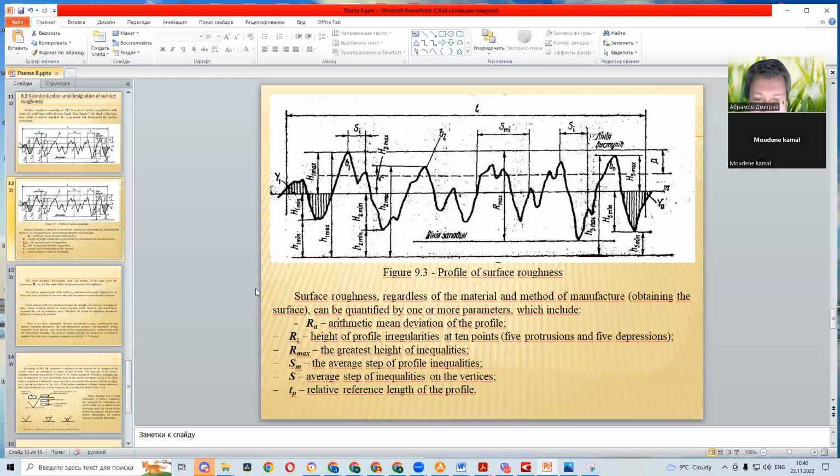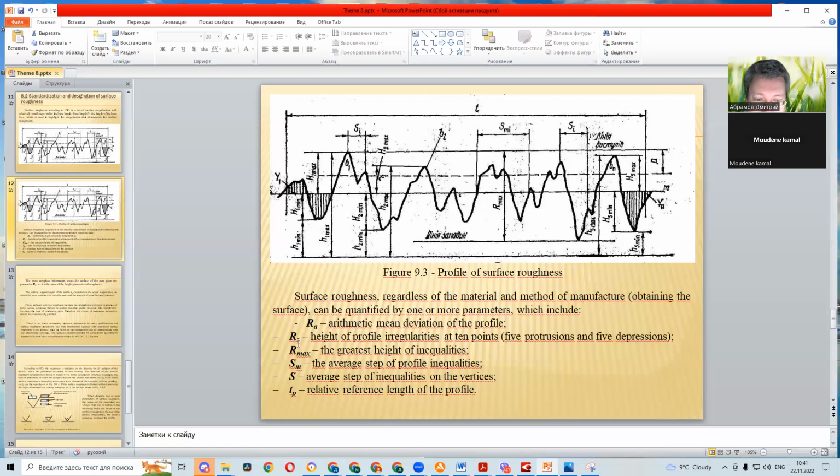Surface roughness, regardless of the material and method of manufacture, obtaining the surface can be quantified by one or more parameters, which include: first parameter, Ra. Arithmetic mean deviation of the profile.